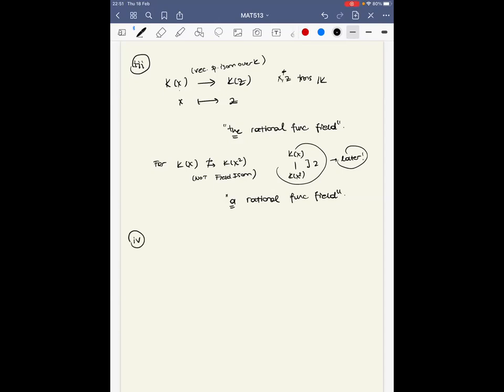Final remark I want to point out. When we have a rational function field, we can view it as a field extension, but this is not a finite extension. And the base field K is algebraically closed in K of x.